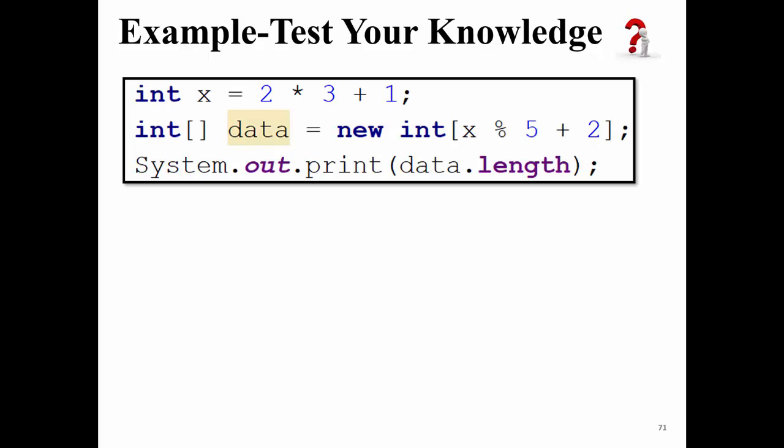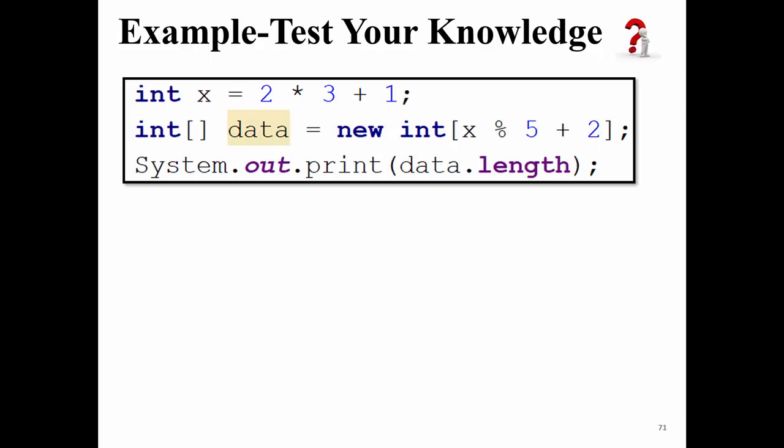Now, you have to remember this. If this arithmetic operation, which is x mod 5 plus 2, ends with the double data type, the compiler will give you an error. So the arithmetic expression between the square brackets should always retain the int data type.